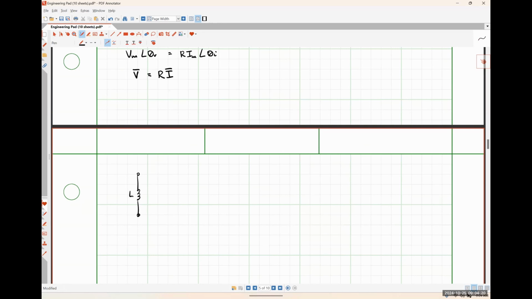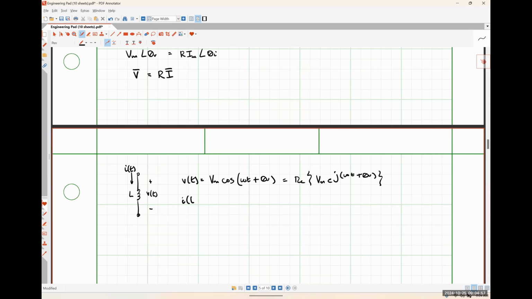So I have some inductor L. Here's my voltage v of t. Here's my current i of t. And I'm going to apply the exact same voltage and current effectively. So v of t will be Vm cosine omega t plus theta v, which is nothing more than the real part of Vm e to the j omega t plus theta v.